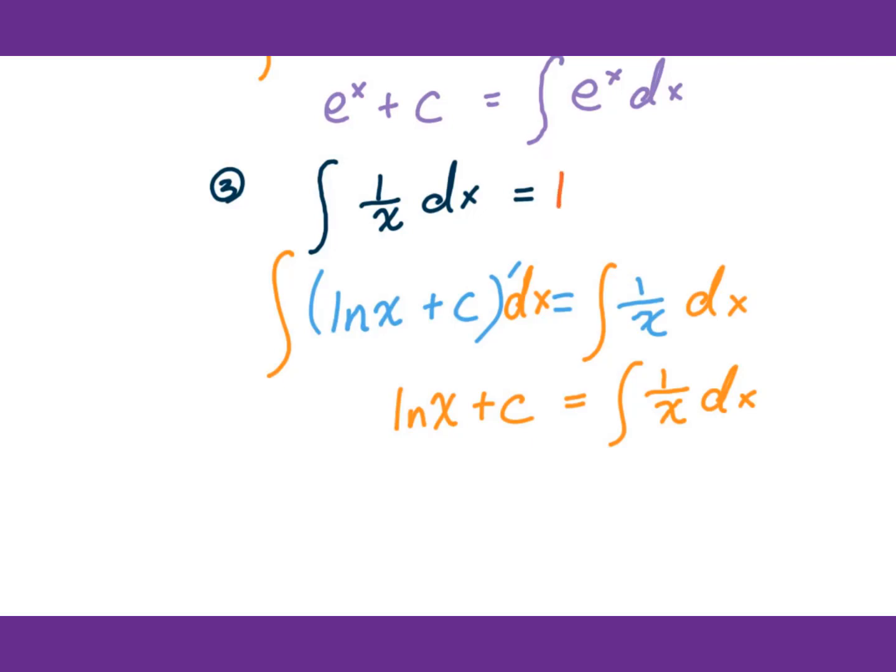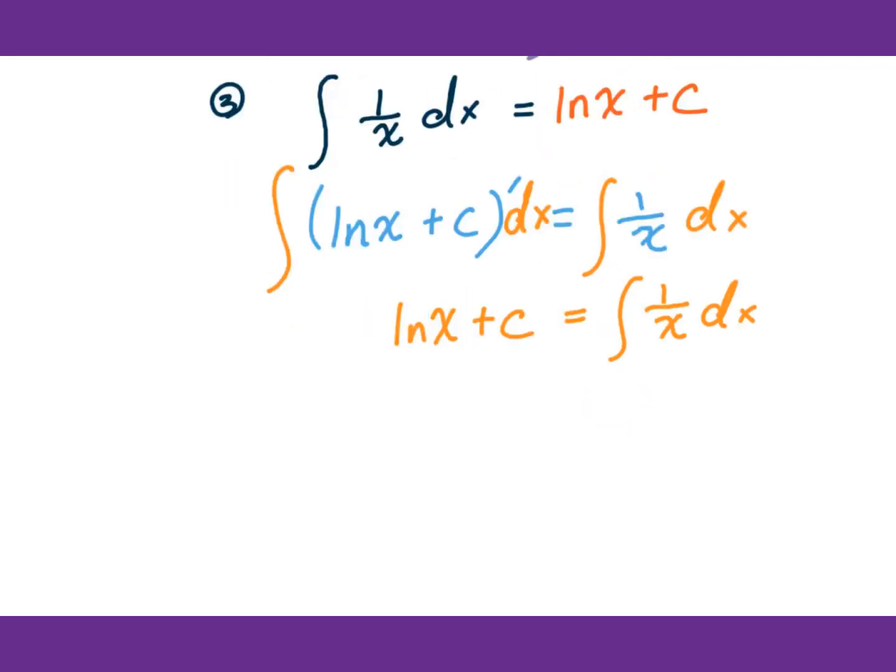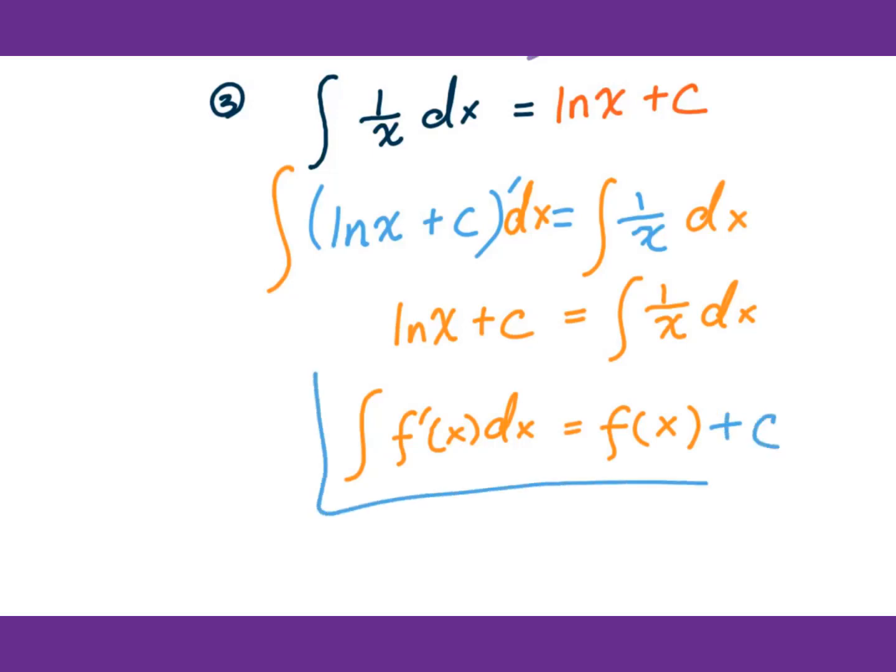So we get natural log of x plus c. Since integral and derivative are reverse operations, the integral of f prime of x dx equals f of x. Don't forget that constant c. That's the formula according to the definition.